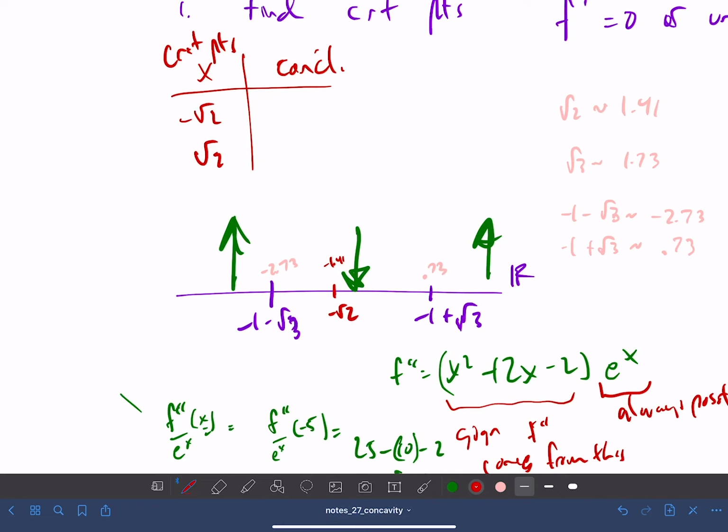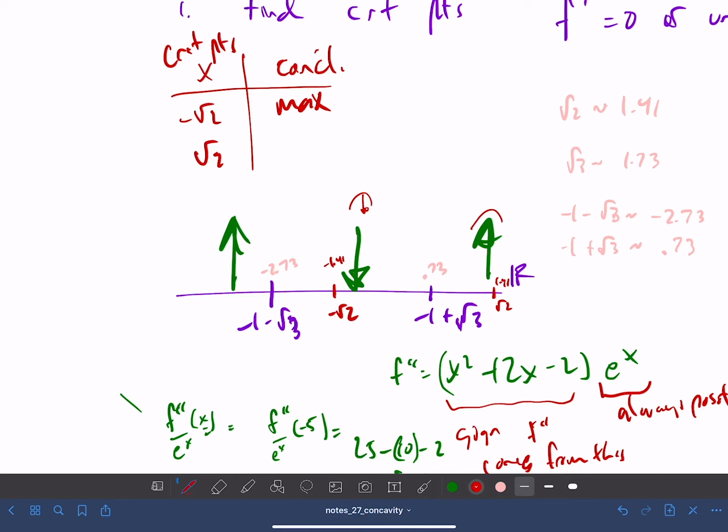Okay, so we've got the function is concave down. That means I have concave down, max. And root 2 is over about here maybe, 1.41.